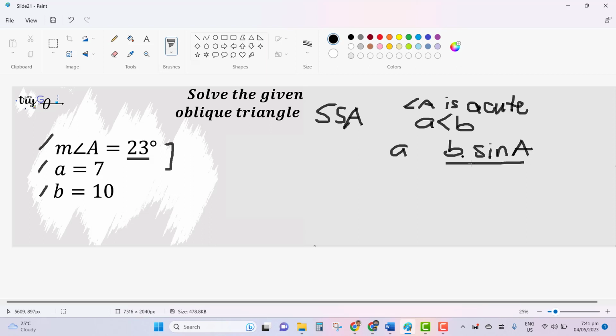And if this is longer than A, there can be zero oblique triangles. If this is equal to A, there's only one triangle formed and it's not an oblique, it's a right triangle. Therefore, we cannot proceed with our solution. But if this is less than A, it would mean there are two oblique triangles.